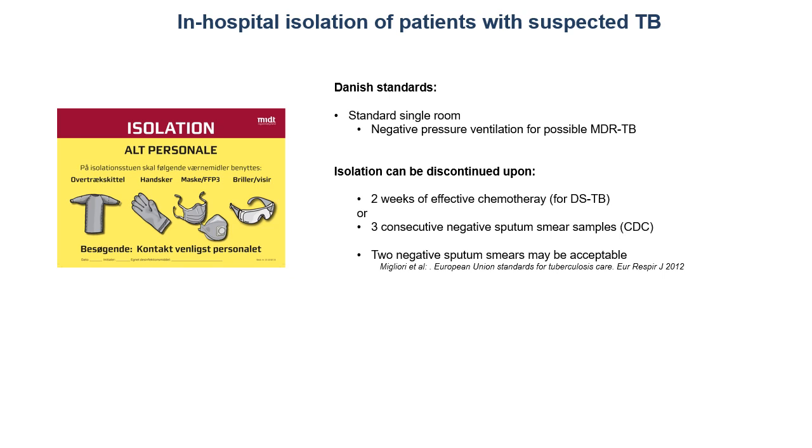Now, two negative sputum samples are in practical terms enough to cease isolation. And in a single study, it has also been shown that a single negative PCR can be used to discontinue isolation.